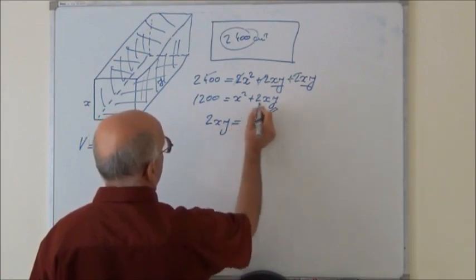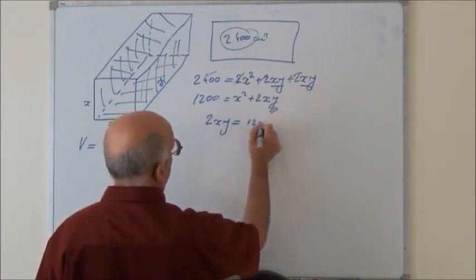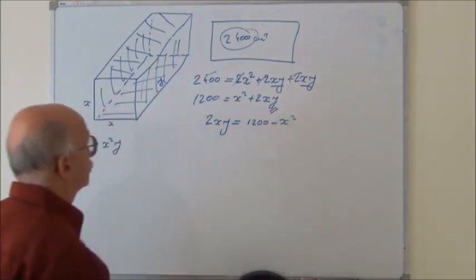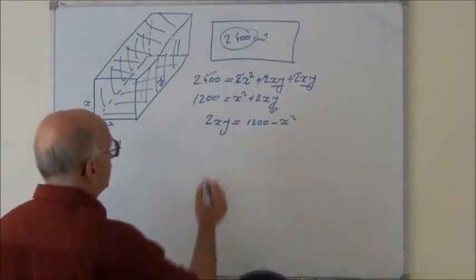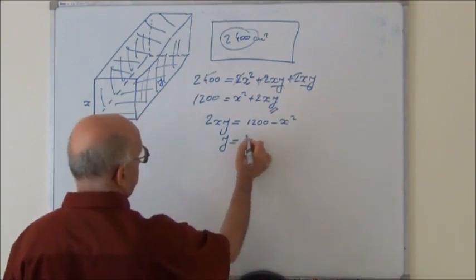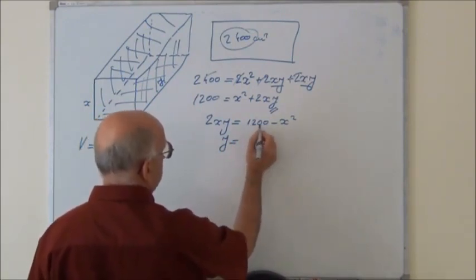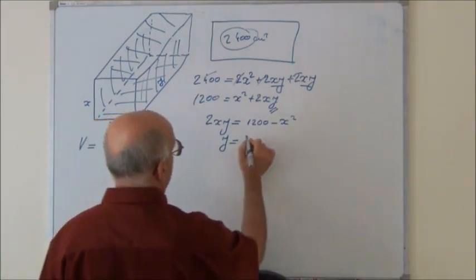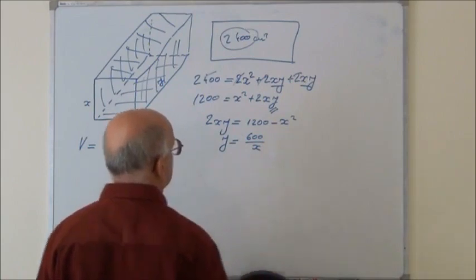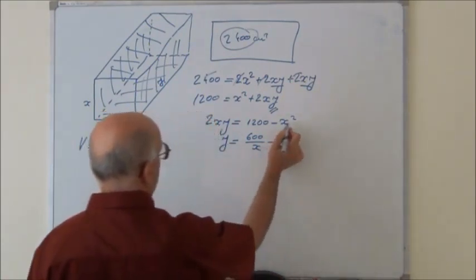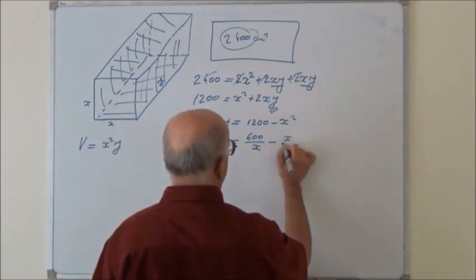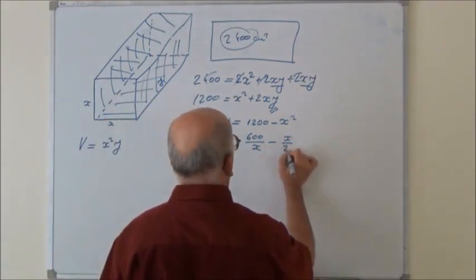2xy equal 1200 minus x power 2, and to make y the subject, then y equal 1200 divided by 2x is 600 on x, and minus x squared divided by 2x is x on 2.